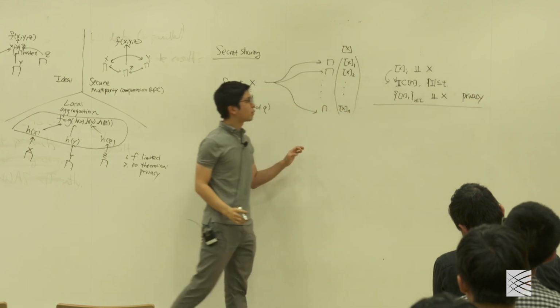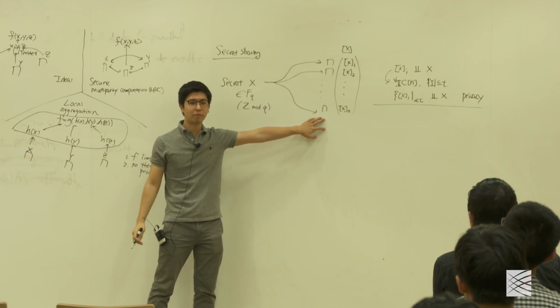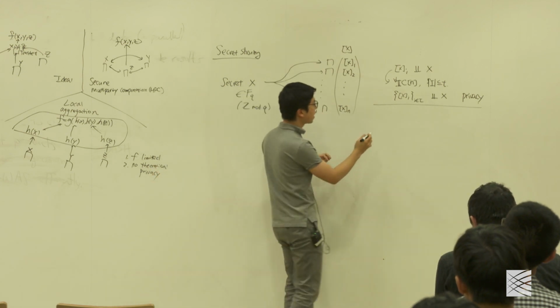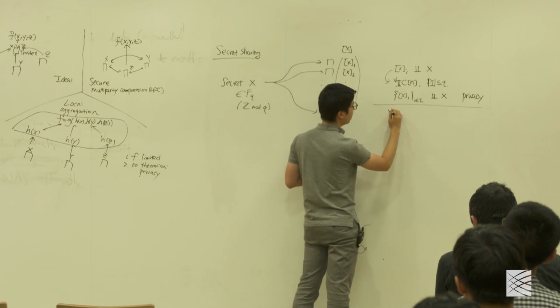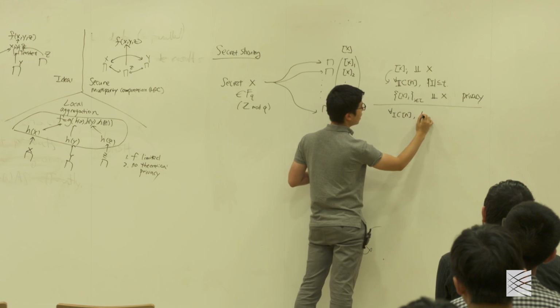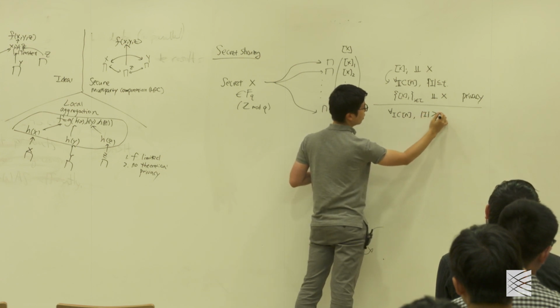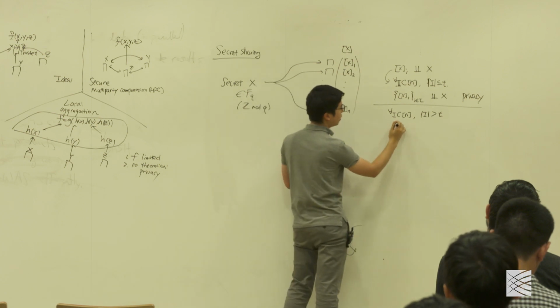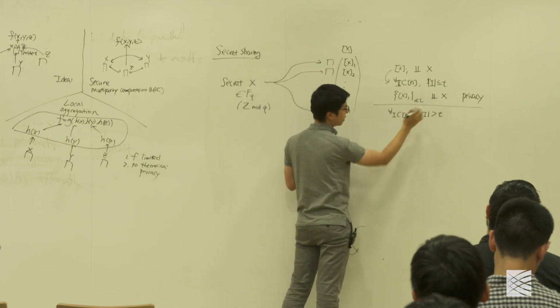Now, at the same time, we also want these shares to be useful in that we want them to encode some information about the private data. So how do we formalize that? What we can say here is for any subset of size, this time, greater than t, if you have access to enough of these shares, then you should be able to reconstruct x.